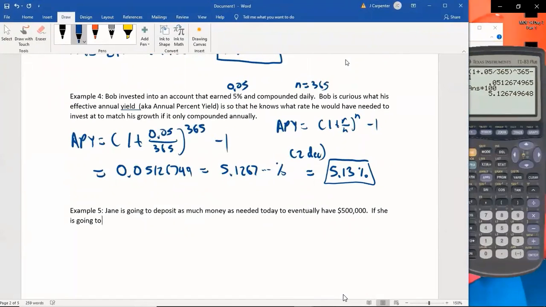She is going to invest to an account, a mutual fund, can earn 8% compounding monthly. 35 years. How much does she need to deposit?